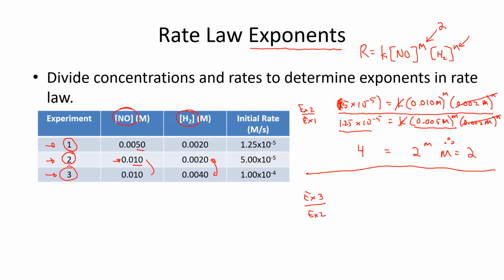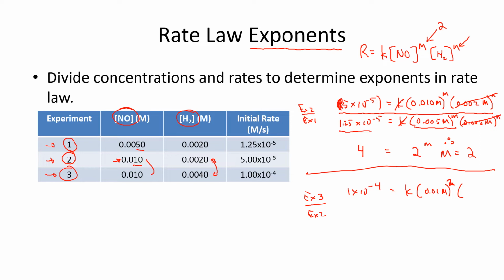So for 3, it's 1 times 10 to the negative 4 moles per liter per second equals the constant times 0.01 mole per liter to the m. And then we actually know m, we could put it in if we want, right? Then we know it's a 2.